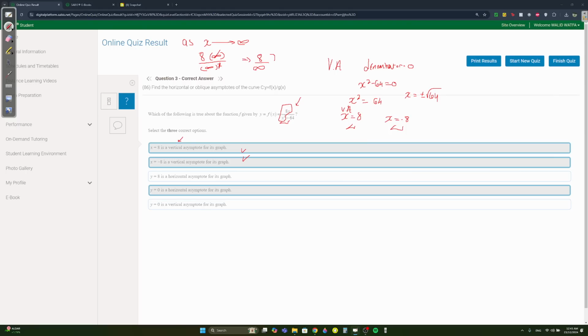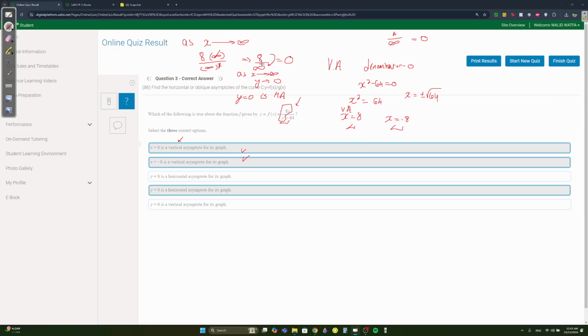When you have any number divided by infinity, it equals 0. Always. That's a rule in math. Any number n over infinity is equal to 0. So 8 divided by infinity equals 0. That means as x approaches infinity, what does y approach? 0. So y equals 0 is a horizontal asymptote.